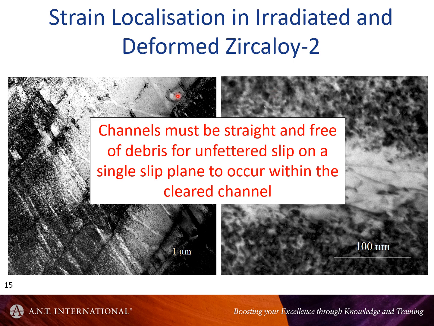Again, just to reiterate, channels are typically a little bit messy. You might get some residual dislocations. The edges will be ragged where you haven't had complete elimination of the cavities, and the channels themselves are never straight.